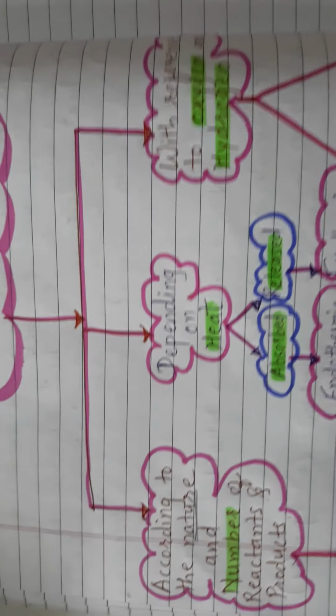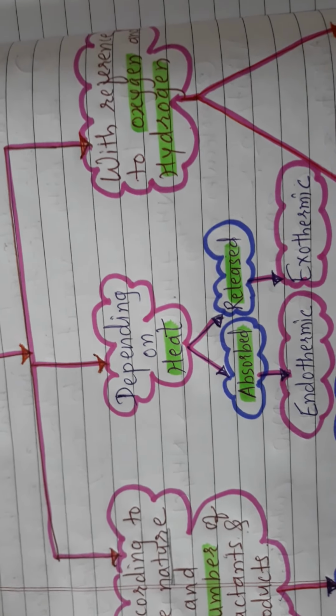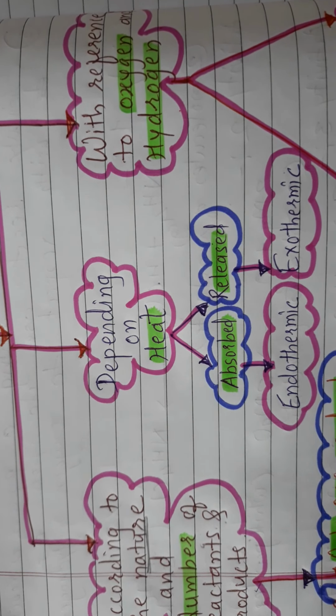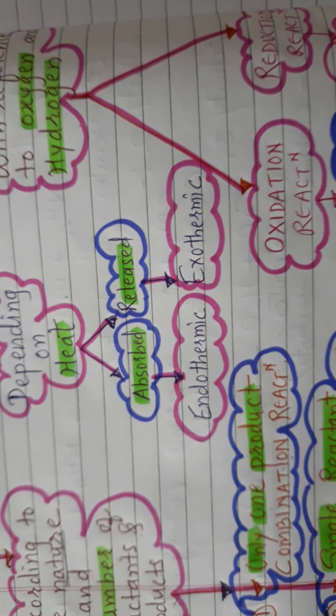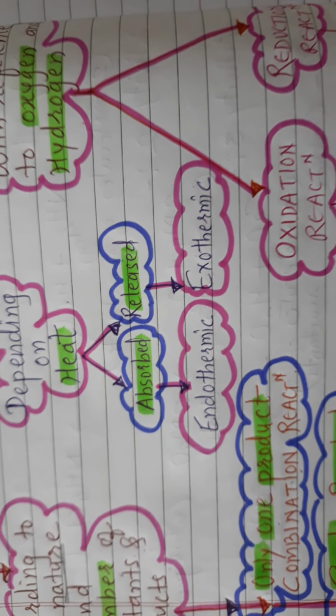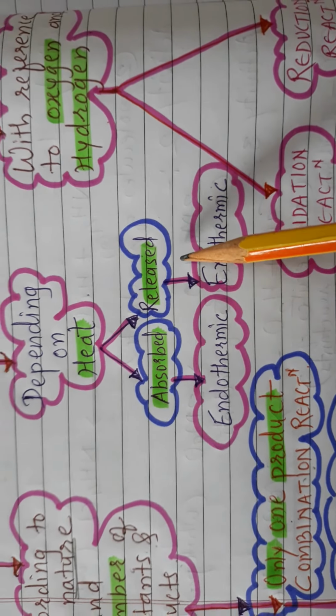Then the second criterion for classifying is with respect to heat. Some of the reactions consume heat, while in some reactions heat is given out. So on that basis, the chemical reactions are put in these two groups.